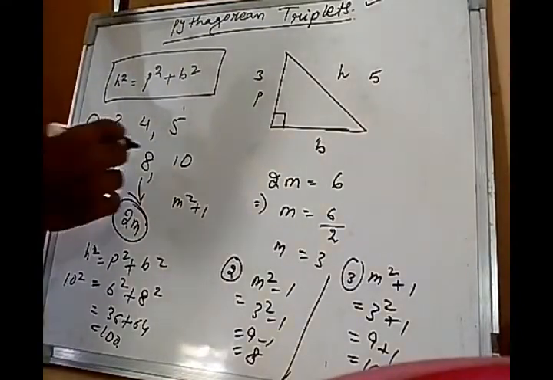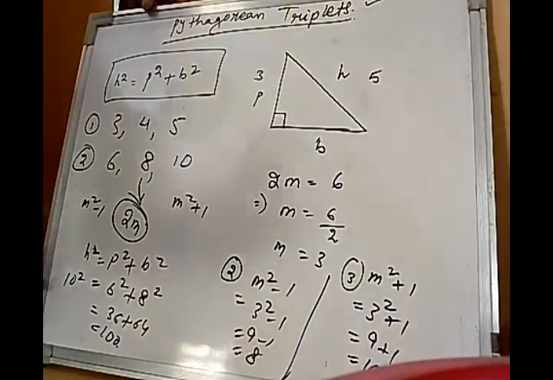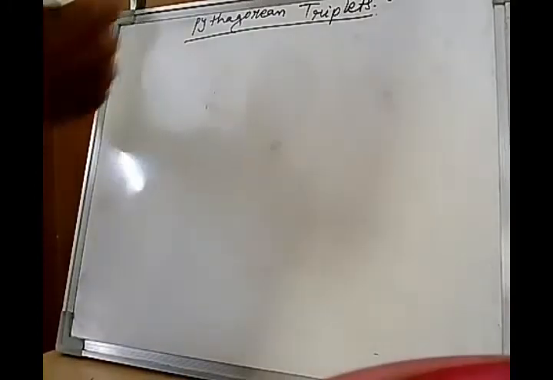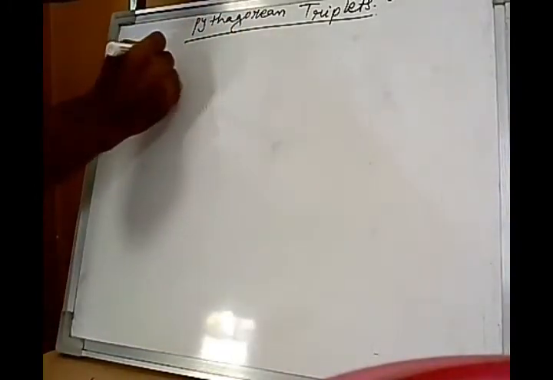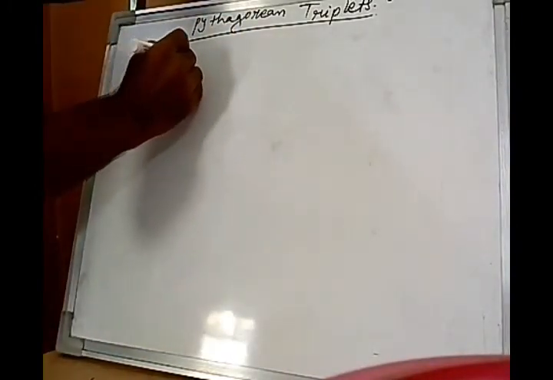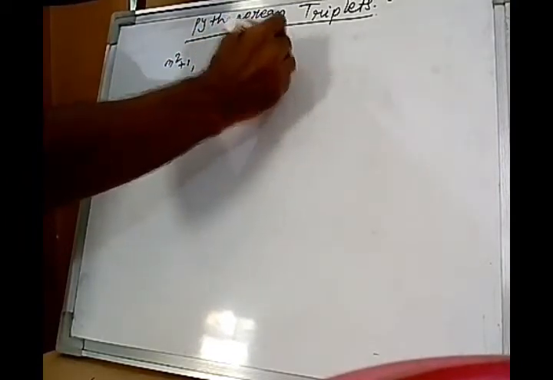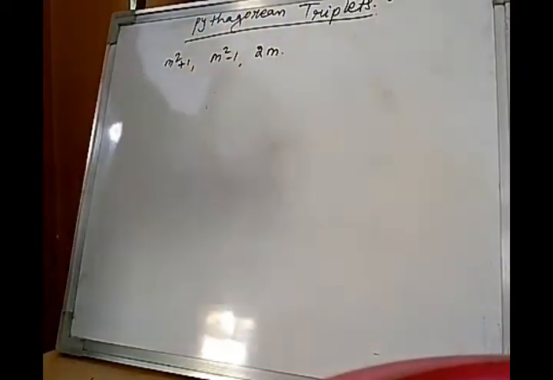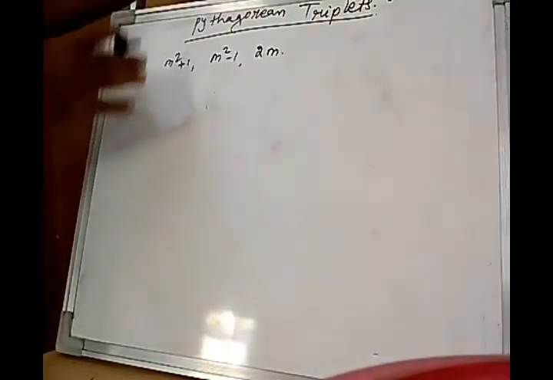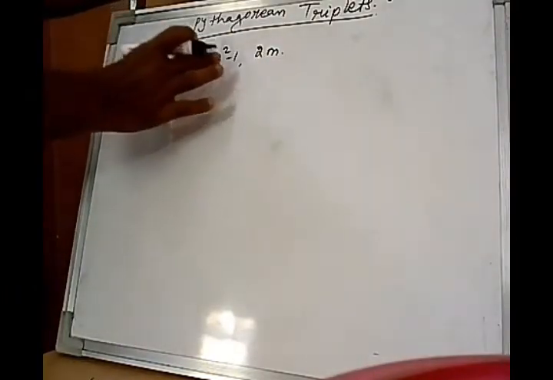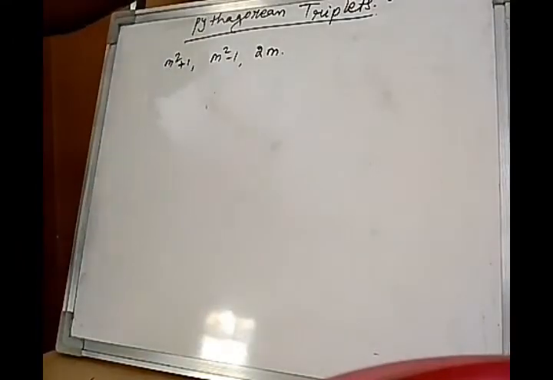So 6, 8, 10 is the second Pythagorean triplet. We concluded that Pythagorean triplets are in this form: m square plus 1, m square minus 1 and 2m. So all the natural numbers that belong to Pythagorean triplets will be in the form m square plus 1, m square minus 1 and 2m.